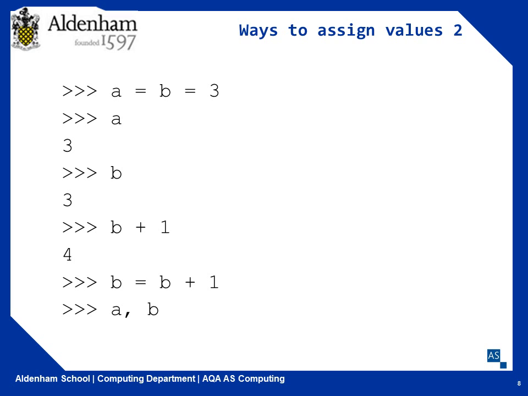You'll note that in this instance, b does not become 4 here. What this instruction does is it tells the interpreter to write 4 on the screen, but doesn't actually assign the value 4 into b. That's what this statement here does. So here where it says b equals b plus 1, that would assign the value 4 into b. And you would expect probably this to be 3, 4.